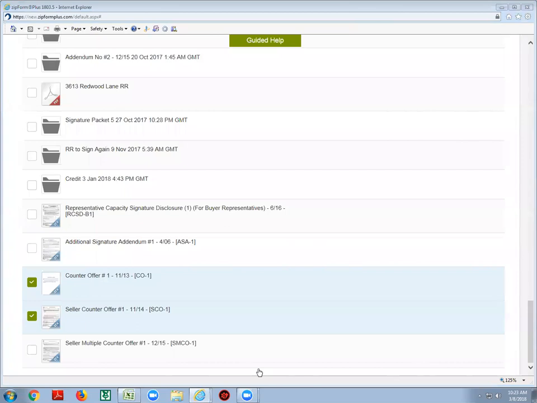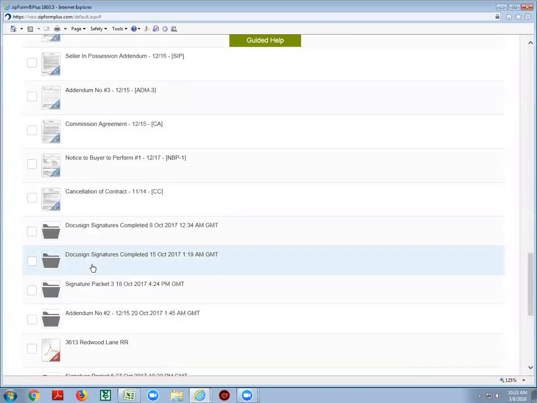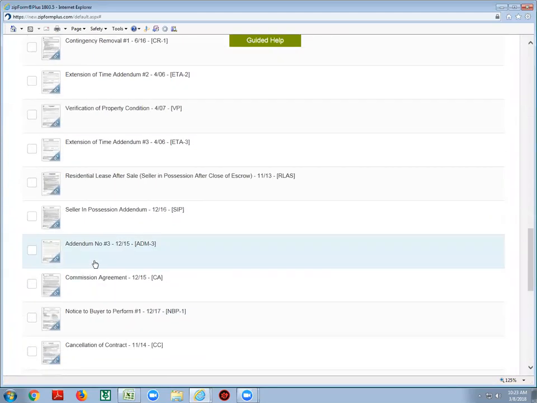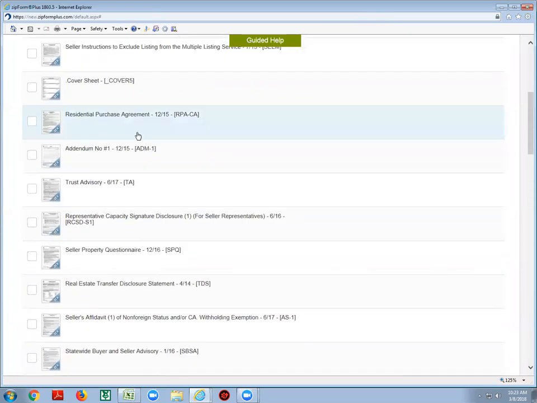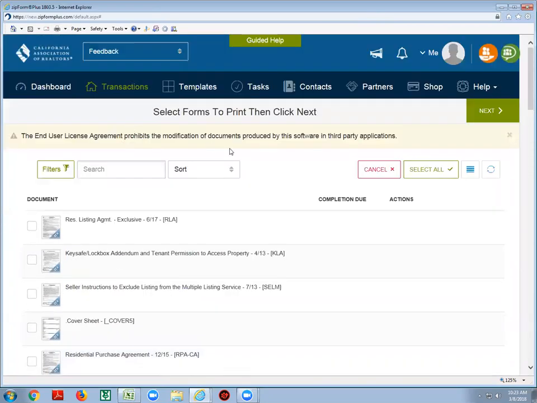Let me move this bar. Okay, good. And request for repair, seller possession, seller responding to buyer's request for repair. I'll click print. Will this one work?